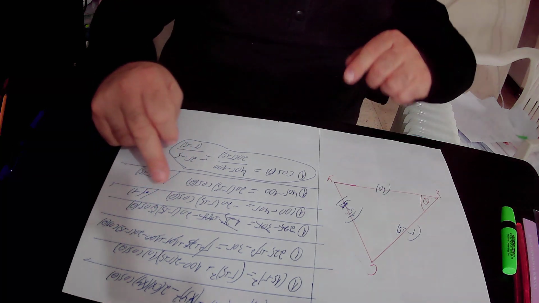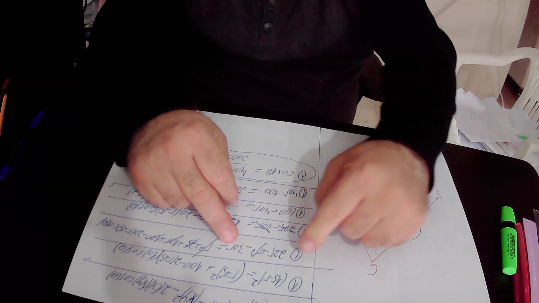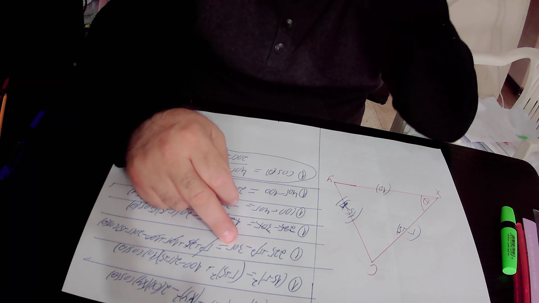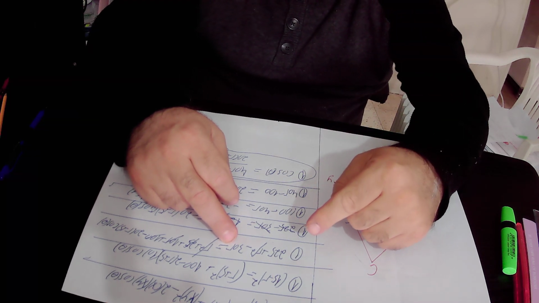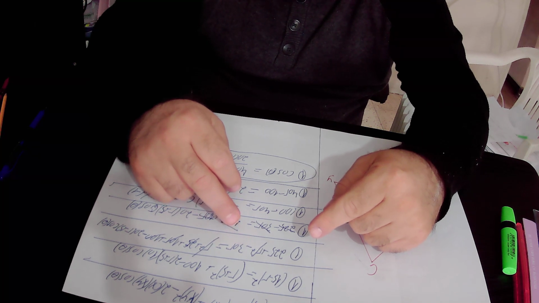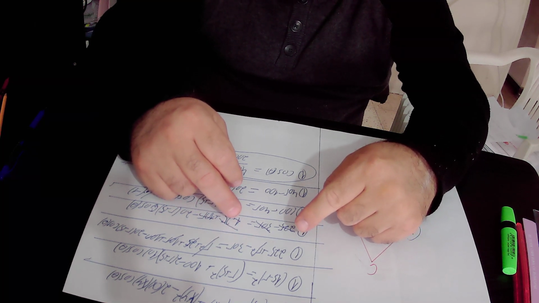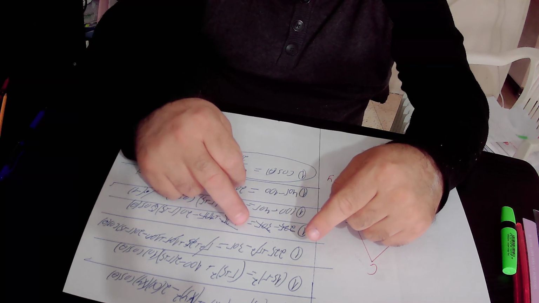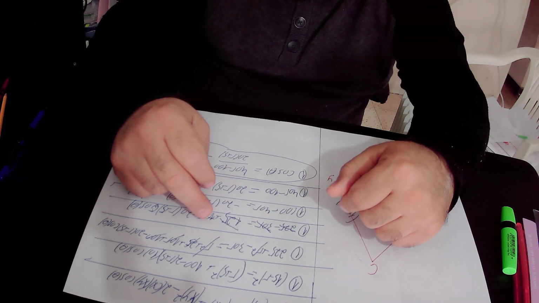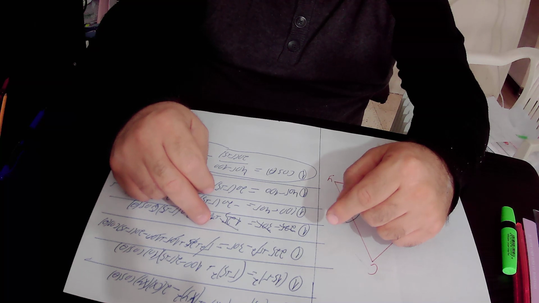We open the brackets on both sides of equation number 1. And we got that (15 minus R) squared equals 15 squared, that is 225, plus R squared minus 2 times 15 times R, that is minus 30R. And it is equal to (R plus 5) squared.